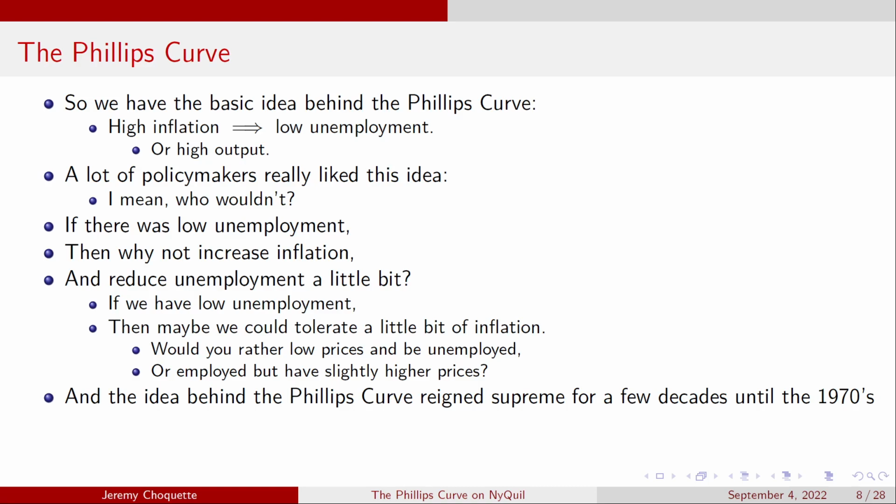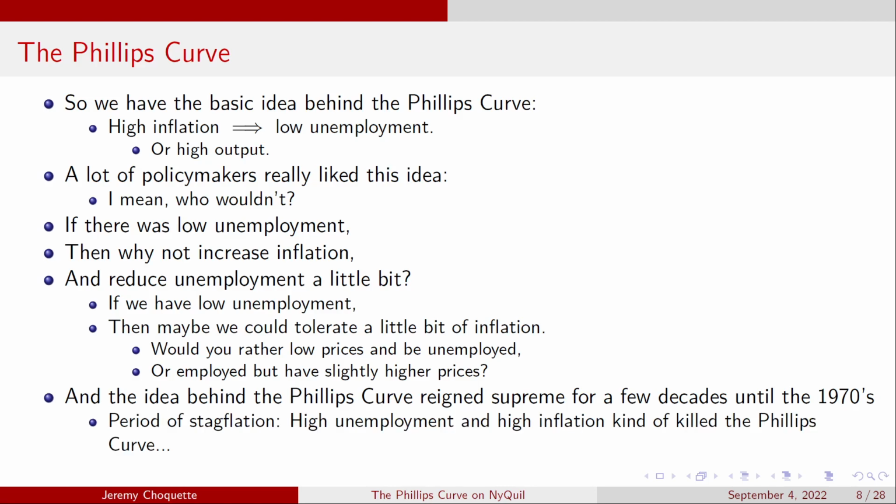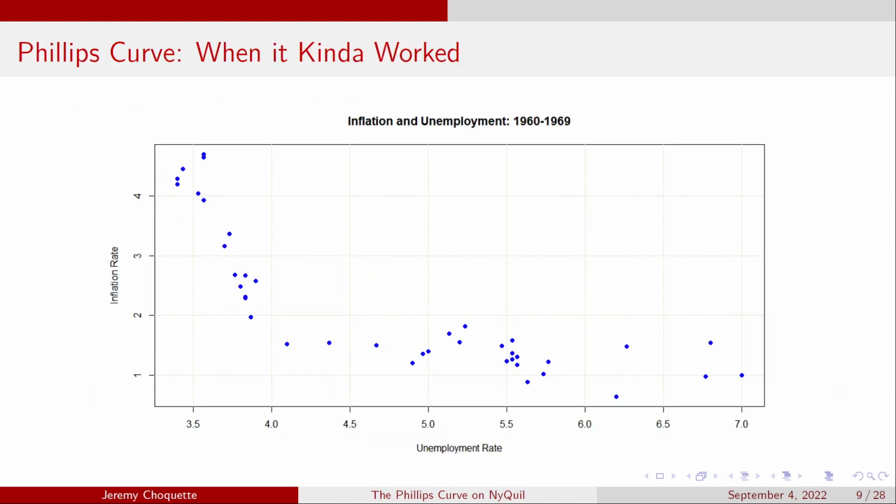And we had high inflation really throughout the 1970s, and we hit what's known as stagflation, where there's high unemployment and high inflation. And that kind of killed the Phillips curve. Now, there were other things that led to stagflation besides just extremely loose monetary policy. However, the loose monetary policy didn't help. And then the final nail in the coffin was when we adopted inflation targeting regimes.